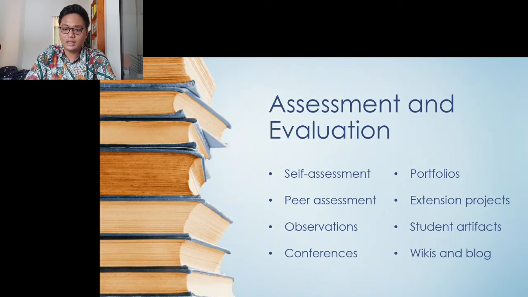And then student artifacts are response logs, role sheets, and other process materials that students have compiled over the course of the literature circle meetings and discussions. And then wikis and blogs. Students may blog on a teacher's website.